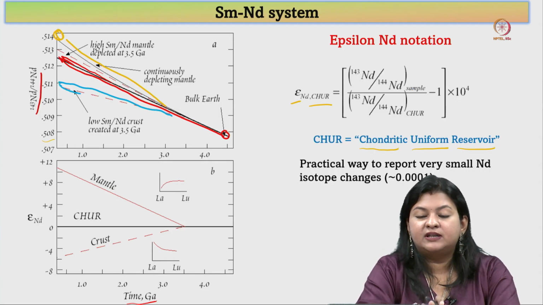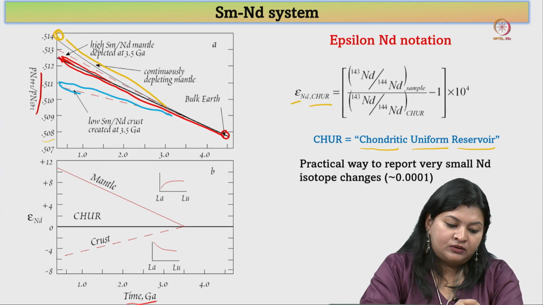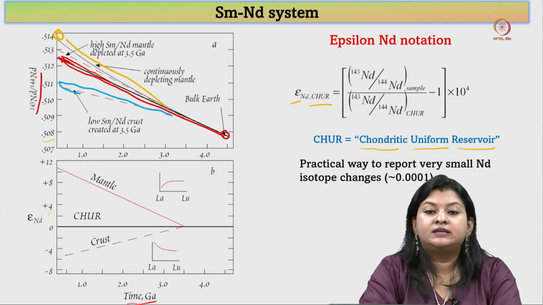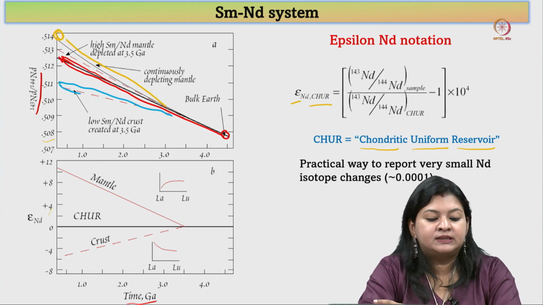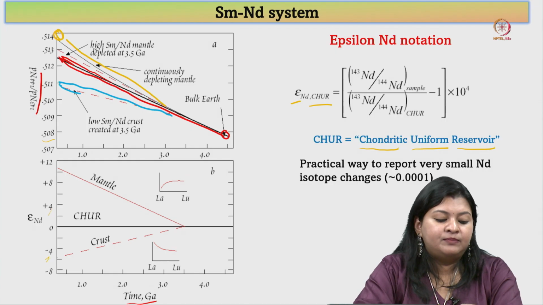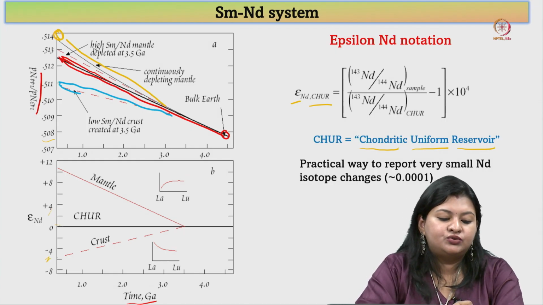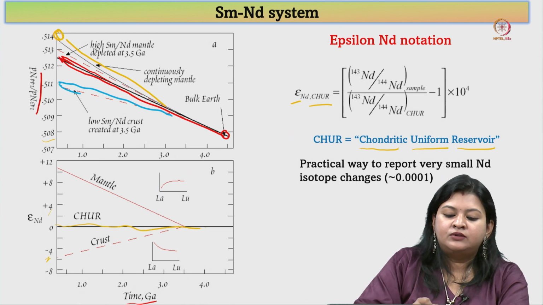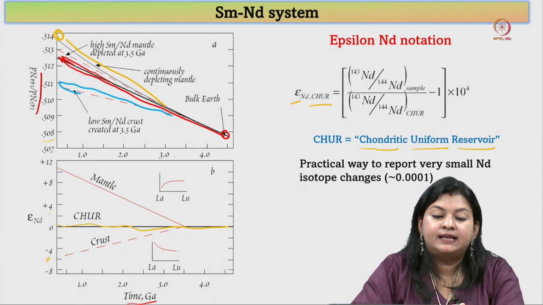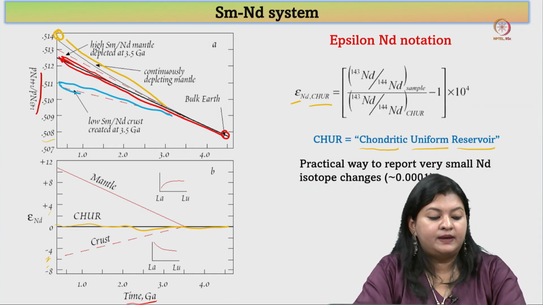It also gives us a reference point, and now we can talk in terms of positive integer values like +4, +8, varying up to +12. If you have a crustal value, that will be more negative, because CHUR is our 0. So, anything less than that value will have a negative signature.